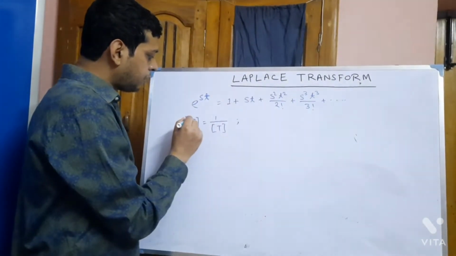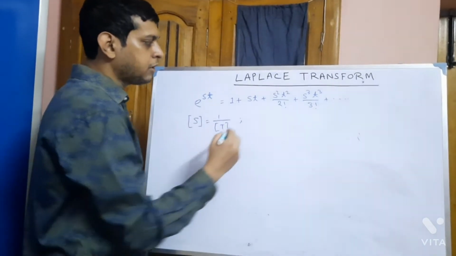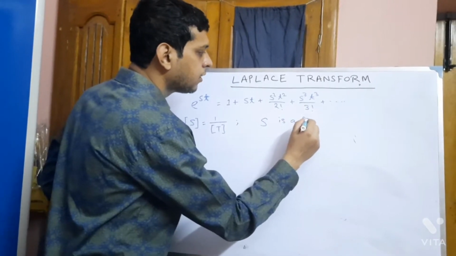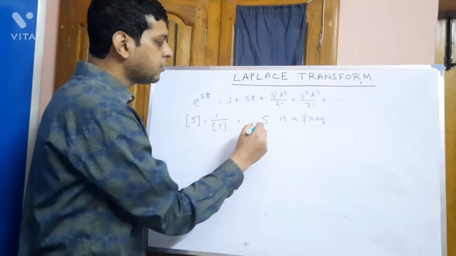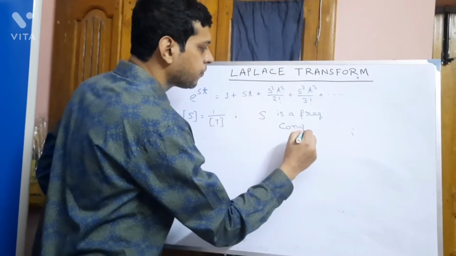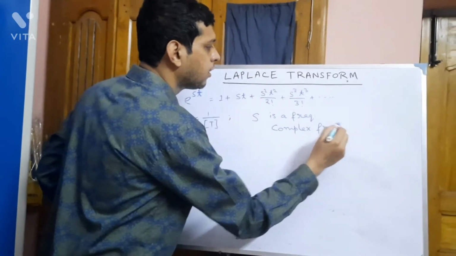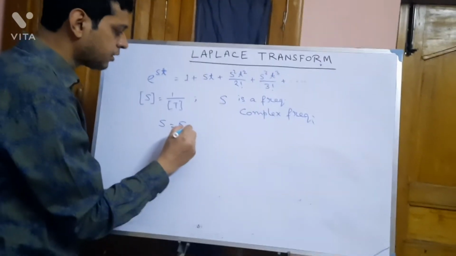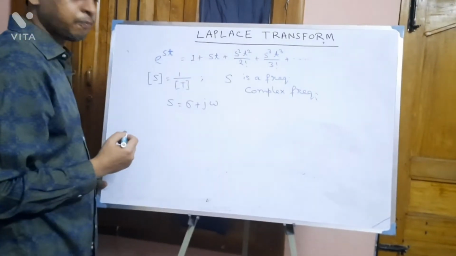So the dimension of s is equal to 1 by the dimension of t. So s is a frequency. Generally we call it a complex frequency. Therefore, we can express it as s equal to sigma plus j omega.